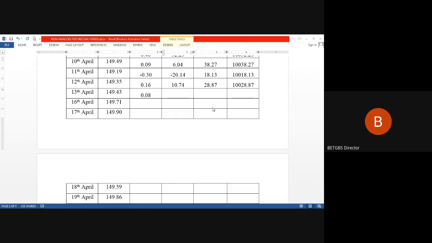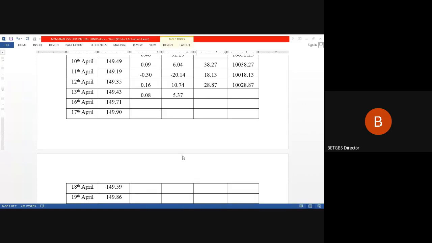So it is this much. This amount again we have to add up over here: 28.87 plus 5.37, this much. So this value will also change.